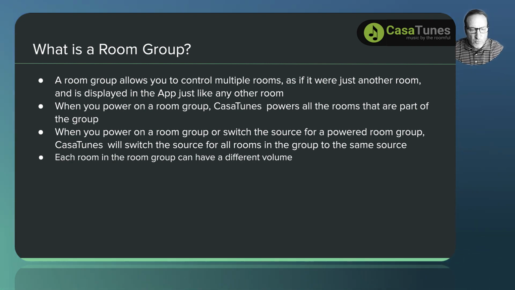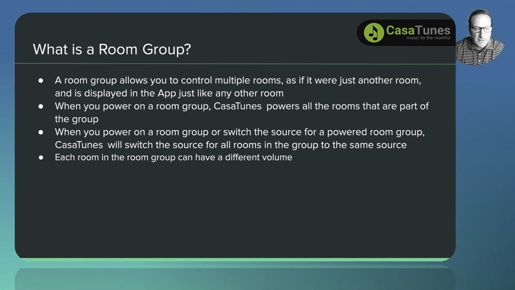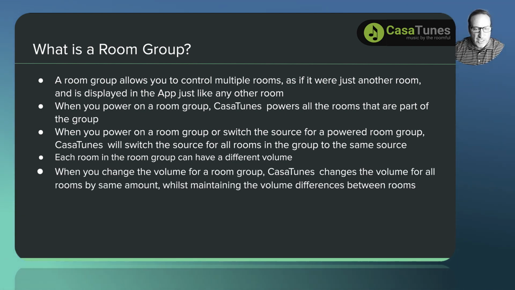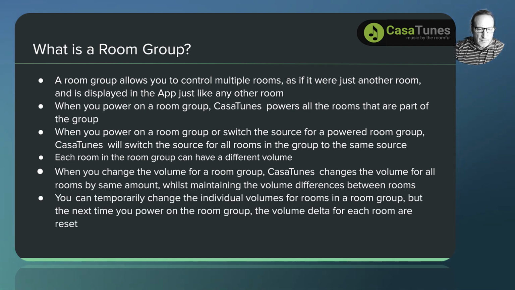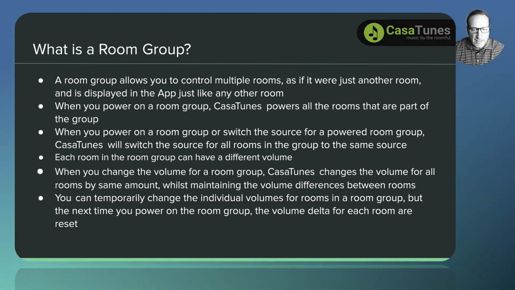Now, each room in the room group can have a different volume level. However, when you change the volume for a room group, CasaTunes will change the volume for all rooms by the same amount while maintaining the volume differences between the rooms. Now, you can temporarily change the individual volumes for a room in a room group.